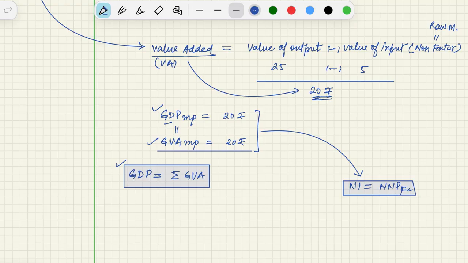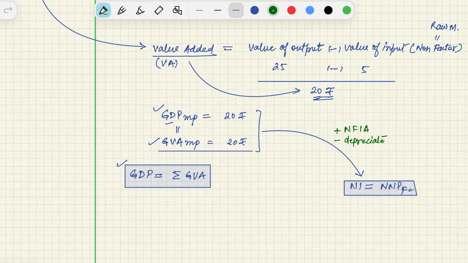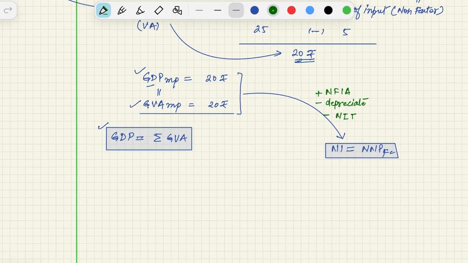So we can subtract the depreciation value, we can add net factor income abroad, and we can also subtract the net indirect taxes, and we will get national income, NNP at factor cost.